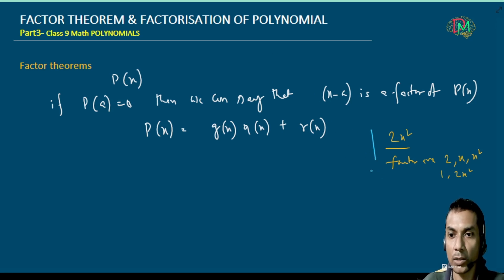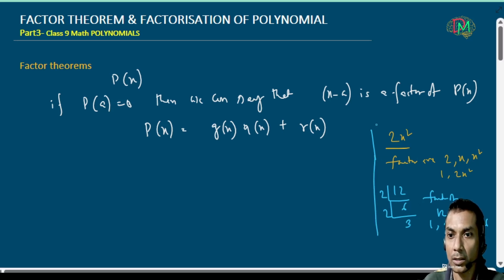Similarly, if I ask what are the factors of 12, we can prime factorize it. This is 6 and this is 3. So the factors of 12 are 1, 2, 3, 4, 6 and 12. So you should have a clear idea about the factor. This is the concept of the factor.